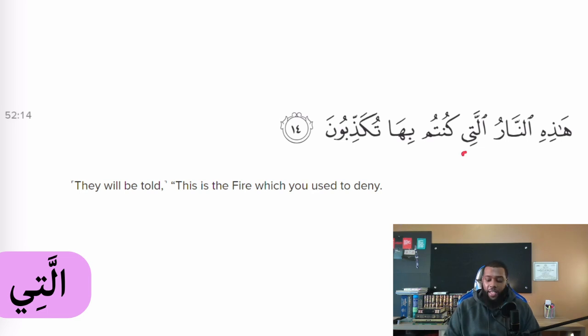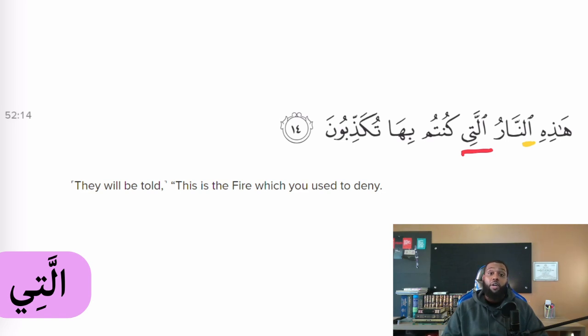This fire. التي, not الذي, right? Because the ism that precedes it, that it's connecting to a relative statement, is feminine, right? It's also in the state of rafa. It's also definite, which we can tell by al at the beginning, right? And it's singular.